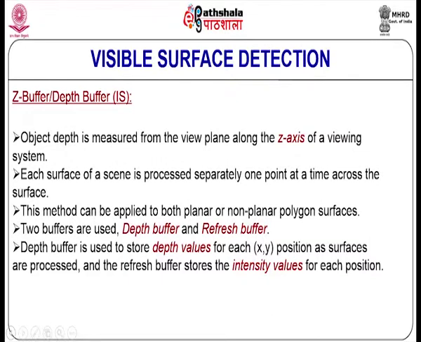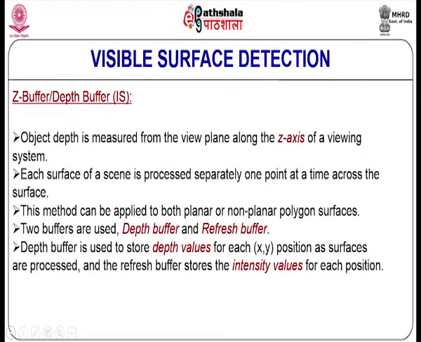Again, as I said in the beginning of this discussion, we take a projection of the 3D world onto a 2D plane, and there we check for each pixel what is the visible surface, so that we can color that pixel with the color of that surface. That is how we do it for all the pixels in the 2D plane.